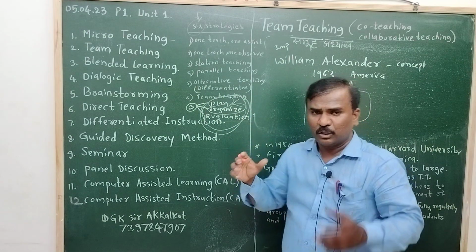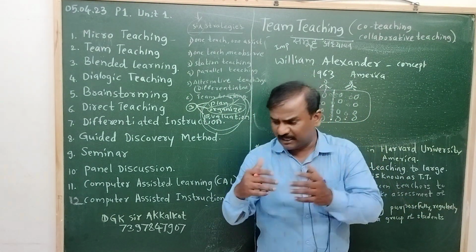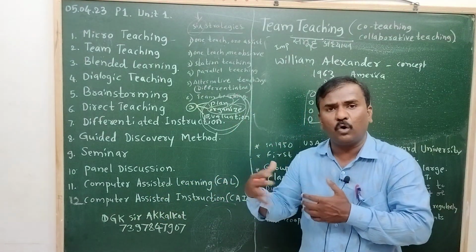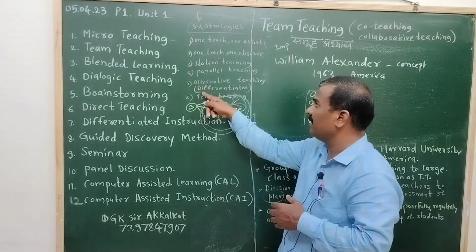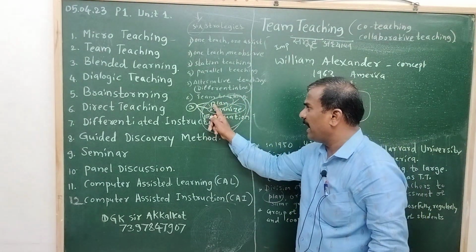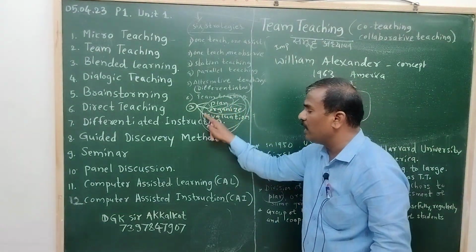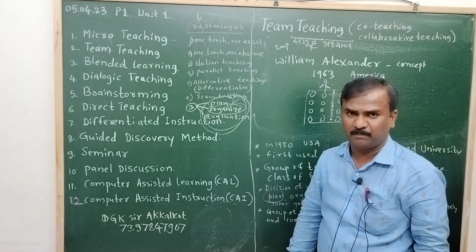And team teaching, two teachers are teaching one subject to the students. See that both teachers should be cooperative with each other. So these are the strategies. And in team teaching, first they plan the lesson, then they organize the lesson, then they evaluate the students' performance.